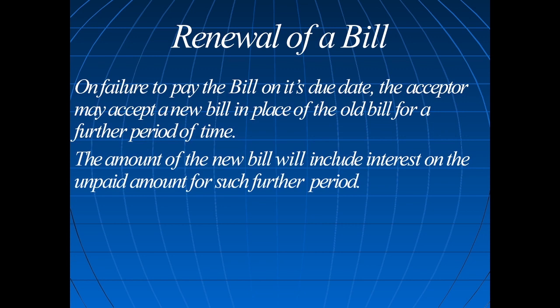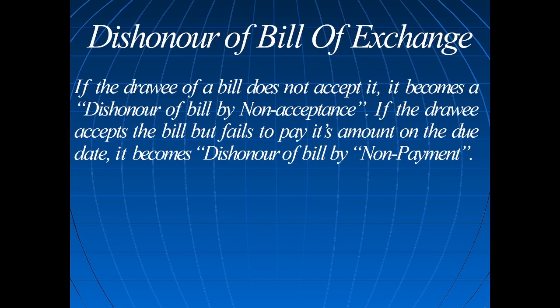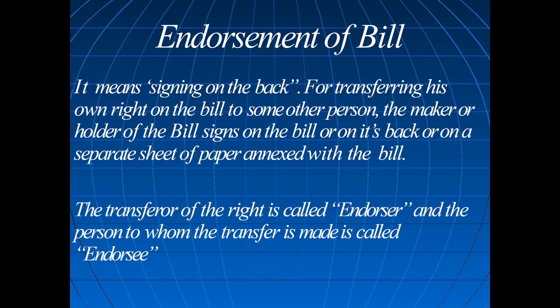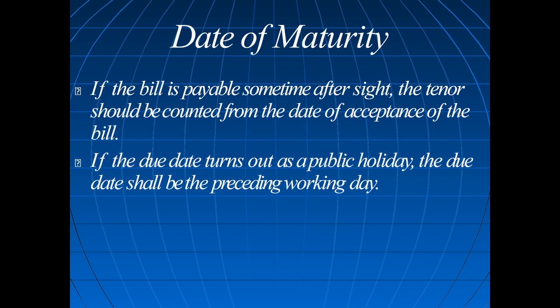What is the journal entry for renewal of the bill? What is the journal entry for dishonor of the bill? What may be the journal entry for endorsement and for discounting? And another one is the honor of the bill. On the date of maturity, the bill is honored in this present case.